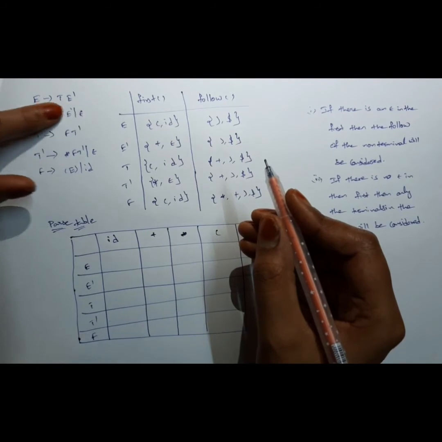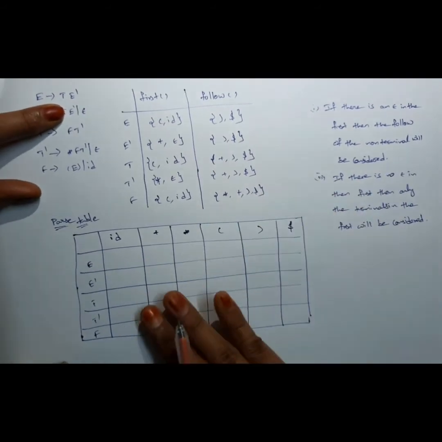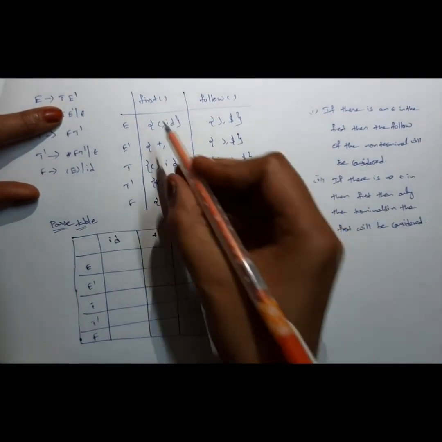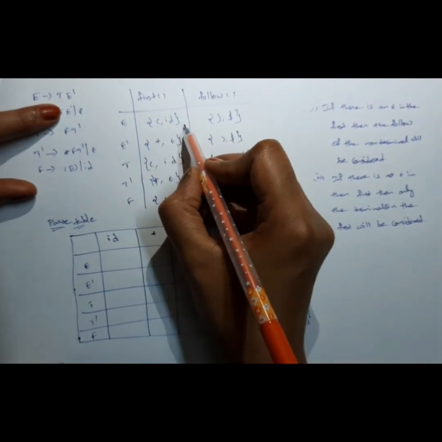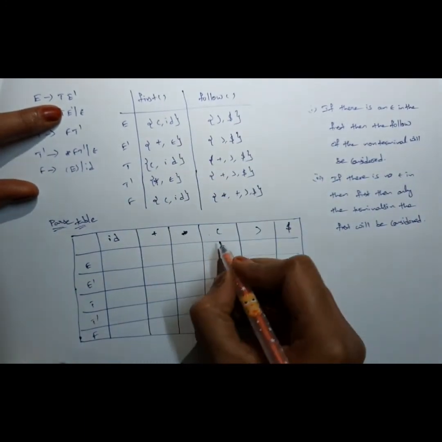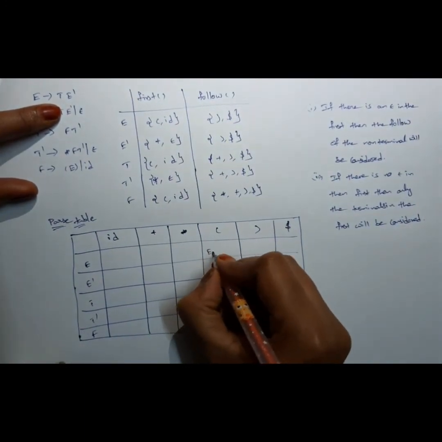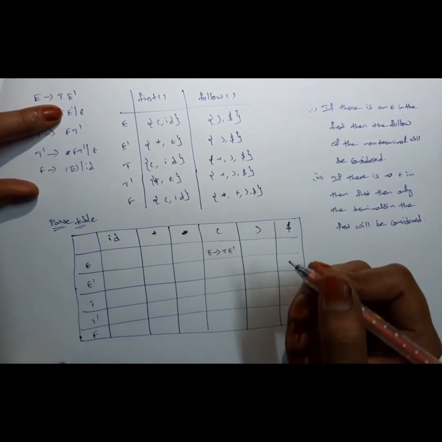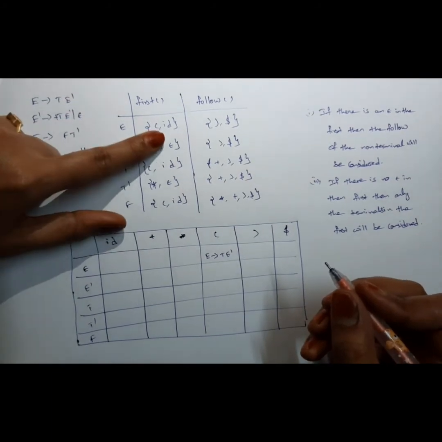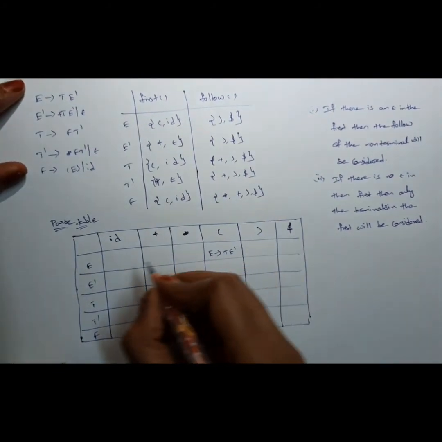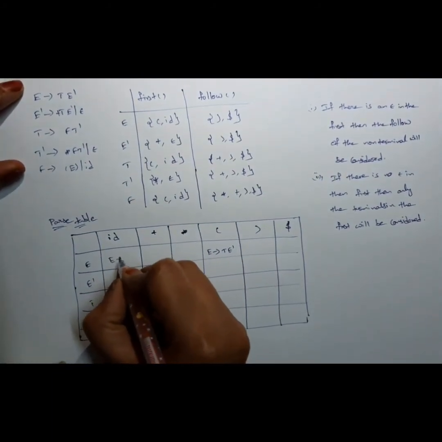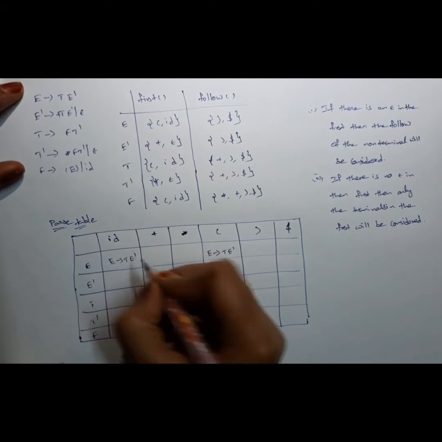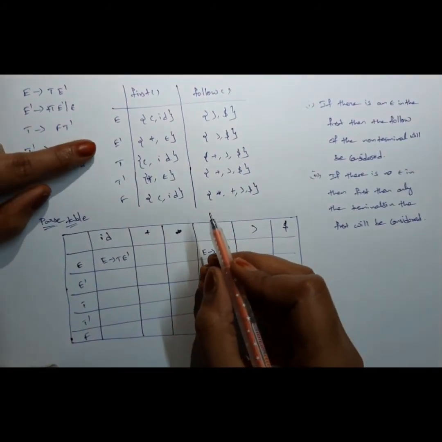This derivation will be placed in this parse table at open brace and ID. At open brace we are placing the derivation E derives T E dash, and at the ID position also I am placing E derives T E dash. Now coming to E dash.